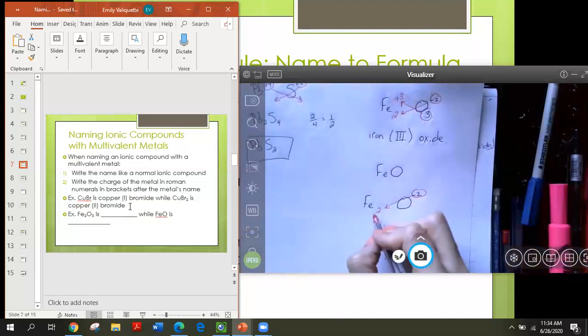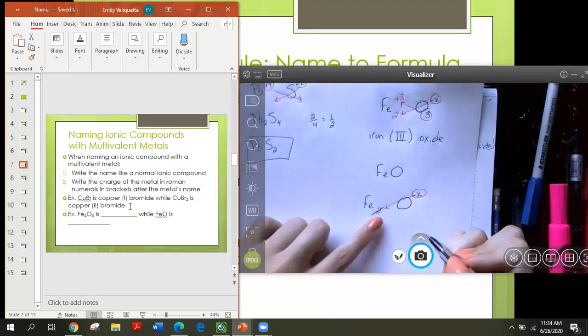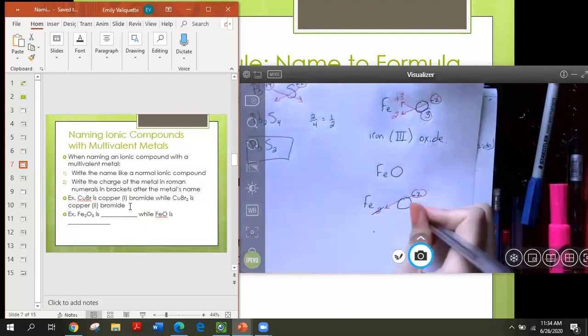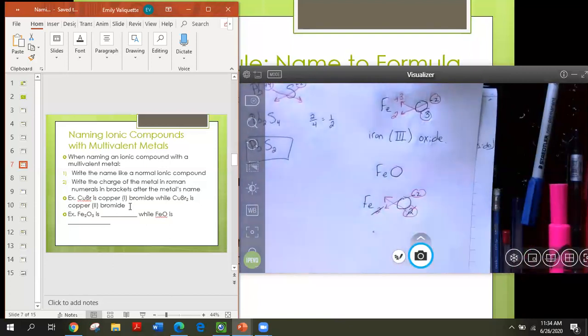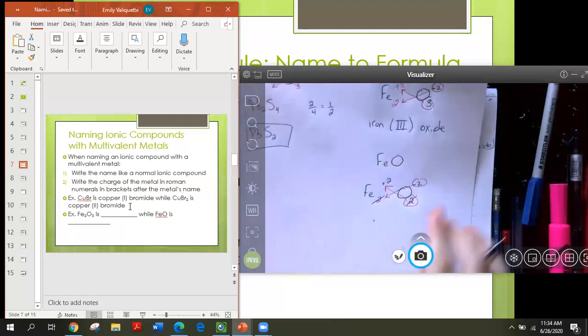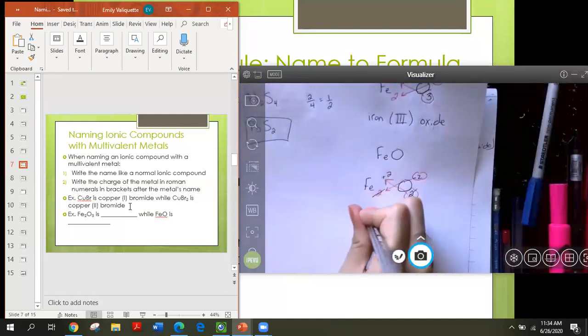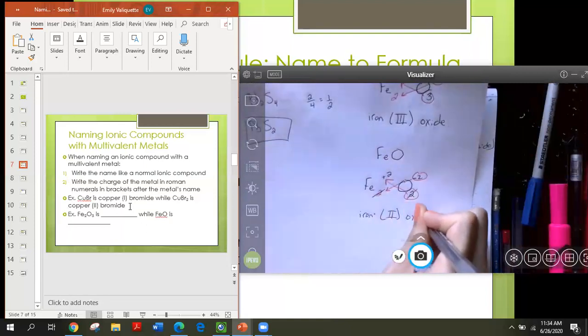So something must have crossed out that 2 and left nothing behind. And the only thing that could do that would be another 2 that would have got canceled out at the same time, which means that in this case, the original charge of my iron was +2. So this one is iron 2 oxide, not iron 3 oxide.